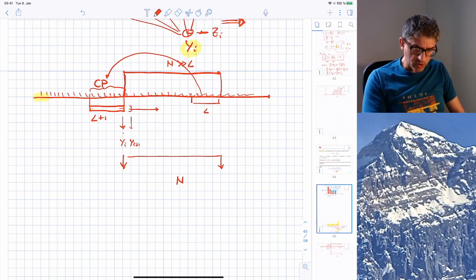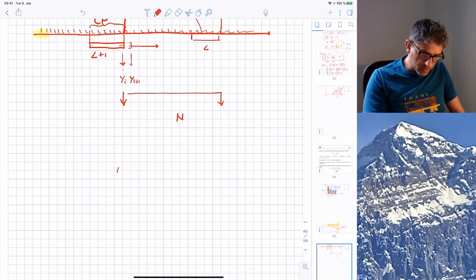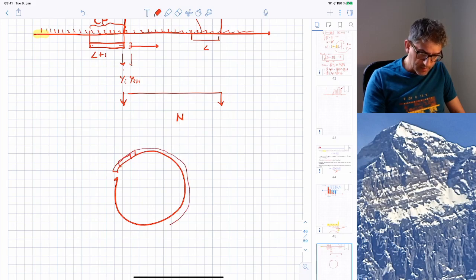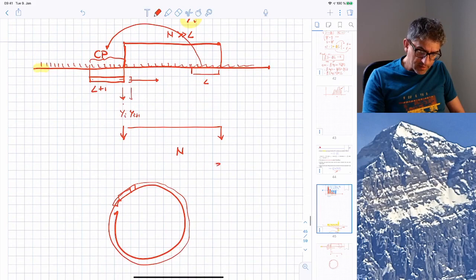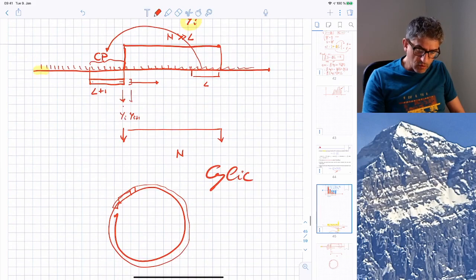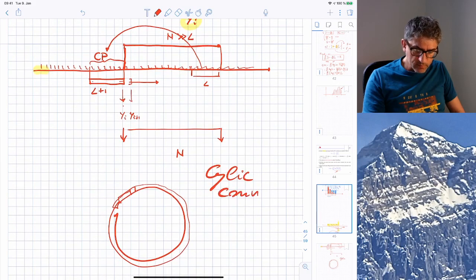It's cyclic convolution because of this cyclic prefixing, so it is as if this block was written in a circle and the sliding window was moving from here until back here, okay? So this becomes a cyclic convolution, okay?